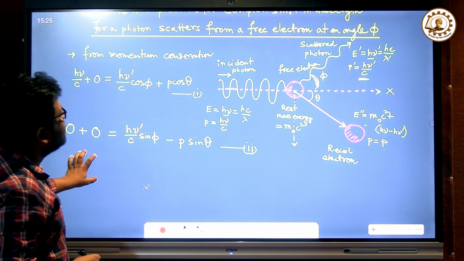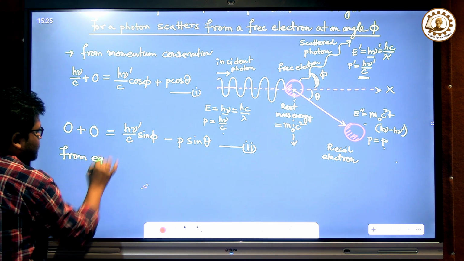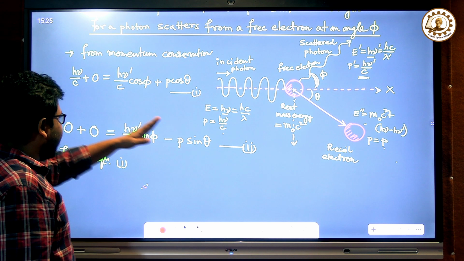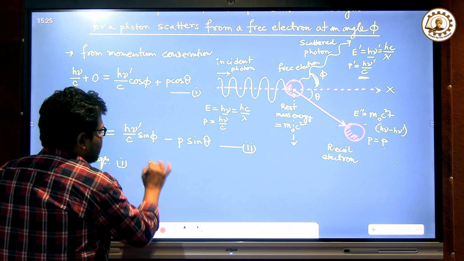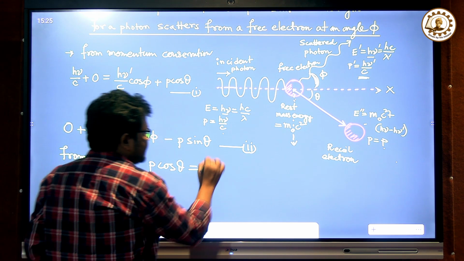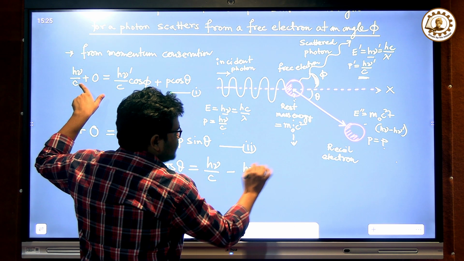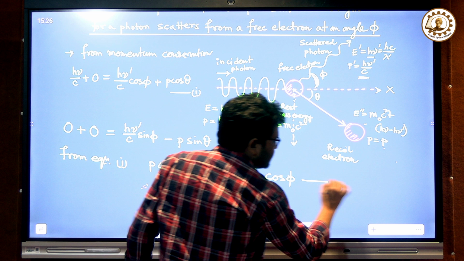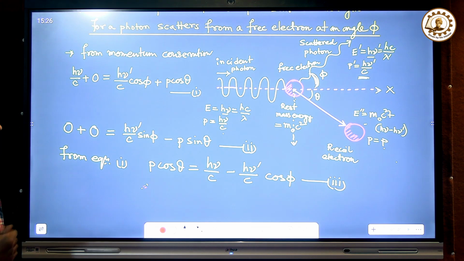So from equation number 1, if I take p cos theta on one side and keep the rest of the terms on the other side, we get p cos theta equals h nu by c minus h nu prime by c cos phi. Clear? This is my equation number 3.